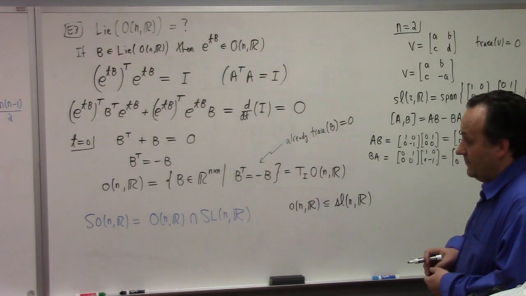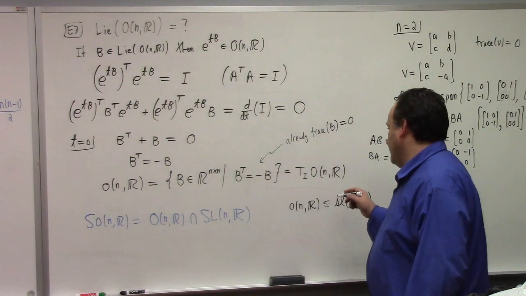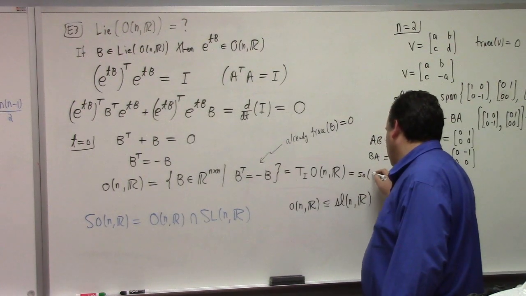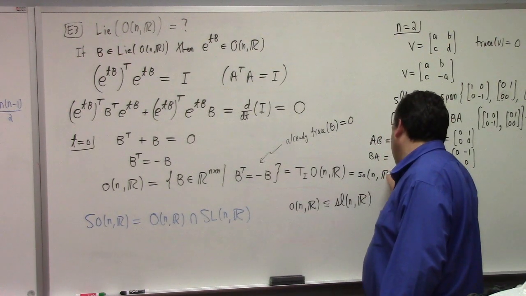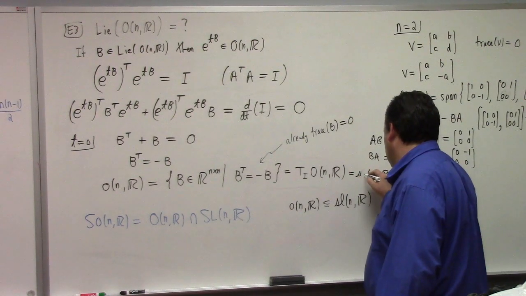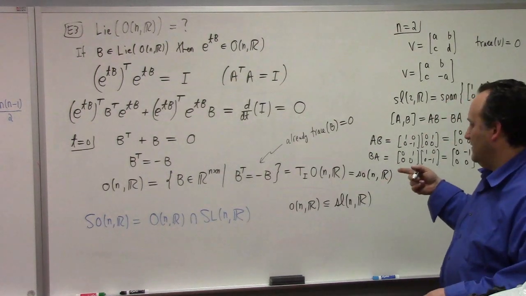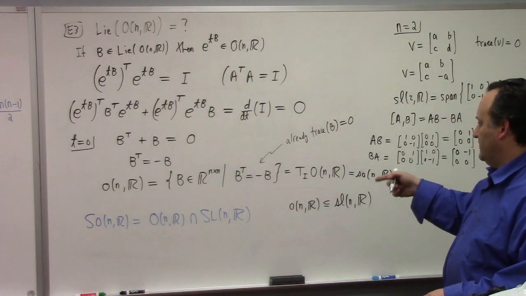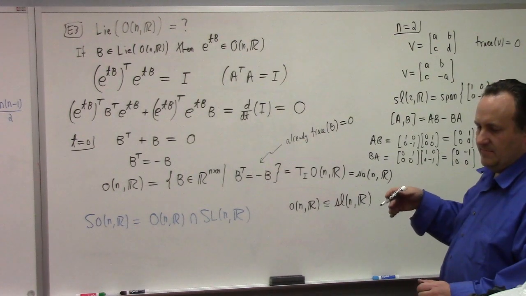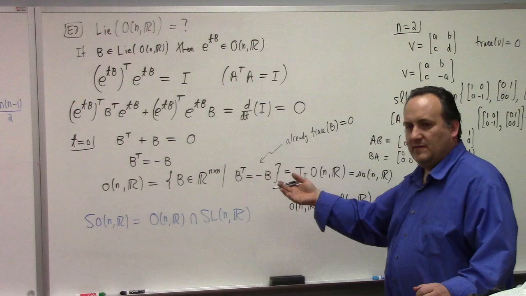And anyway, the larger point here, guys, is that this is equal to little so(n, R), and I should use the script S here. That's what's typically done. The reason is that the determinant 1 condition makes it have to be traceless, but these are already traceless.